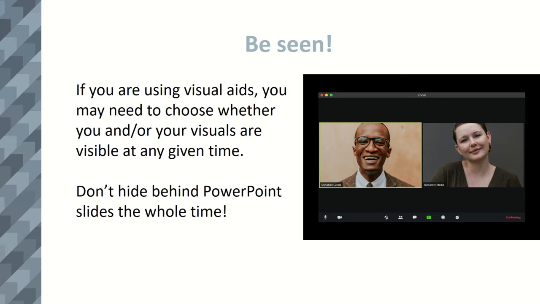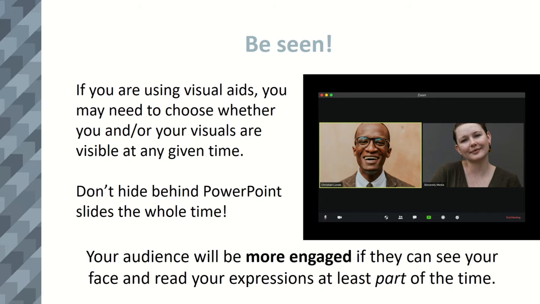Humans are drawn to human faces, so your audience will be more engaged if they can see your face and read your facial expressions for at least part of the time. Experiment with your chosen tech tool and try features like picture-in-picture or side-by-side mode to allow both your face and your visual aids to be seen at the same time. Even if you choose not to use those, you can toggle between your camera and your visual aids to ensure that both you and your visuals are visible.